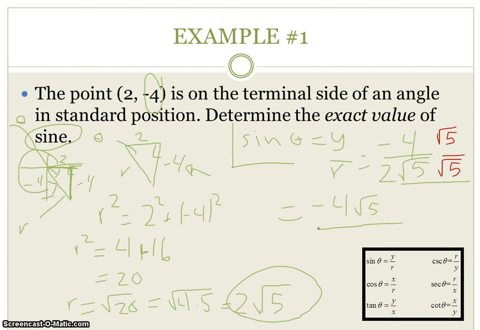In the denominator I have 2, and then root 5 times root 5 becomes 5. So 5 times 2 is 10. Now my 4 and my 10 are going to reduce, and when I take the 2 out of both of those, I get -2 square root 5 over 5. And that would be my final answer.